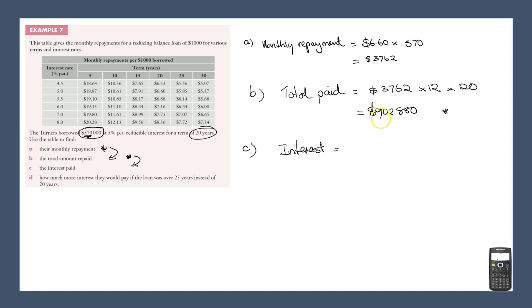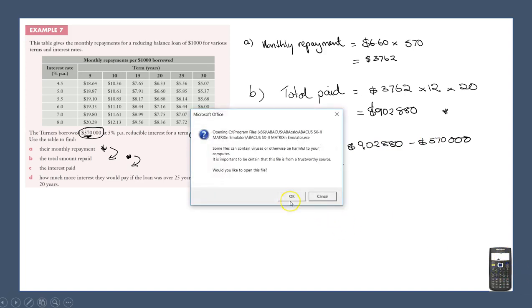We worked out the total that will be repaid. Interest is the difference between what you pay and what you borrowed. So the 570. We were just looking at what a big difference there was between those two, and now we can actually work it out, use our calculator.